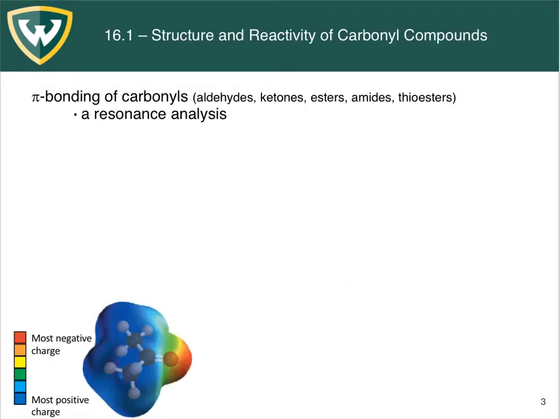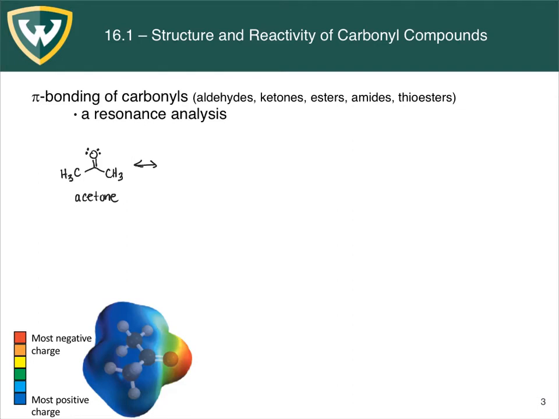So next we're going to look at the pi bonding of carbonyls by considering a resonance analysis. So first, let's draw an example carbonyl compound. We're going to use acetone, and we're going to include all lone pairs in that Lewis structure. Next, let's look at the resonance structure of acetone to see whether we can predict how it might react.